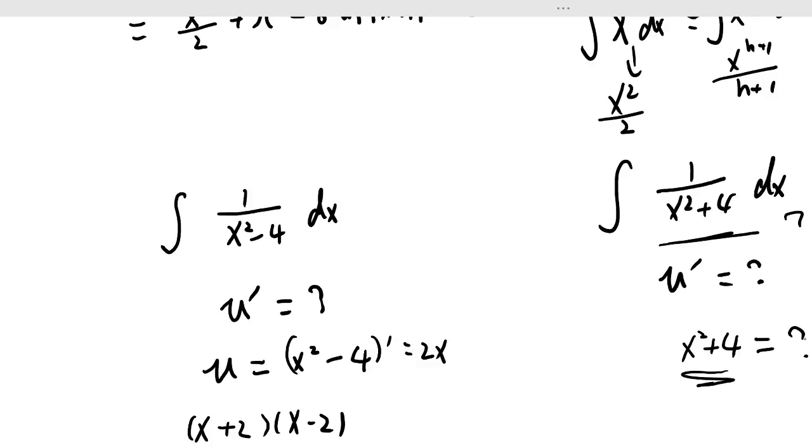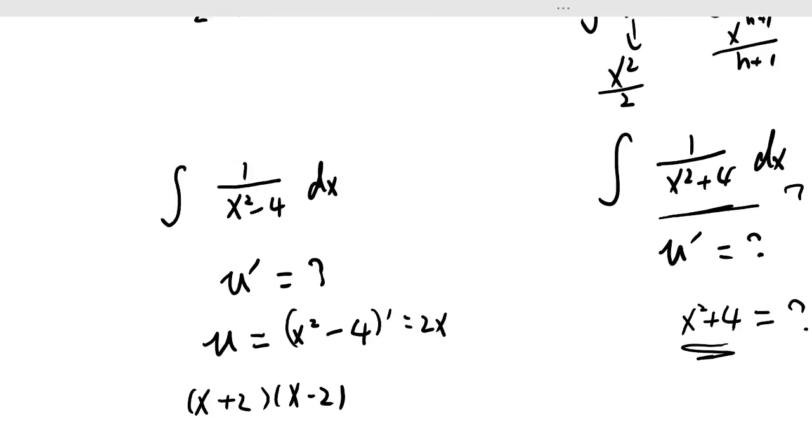That means that's not a partial fraction problem. We're going to go over a partial fraction problem first, then try to solve x squared plus 4. Right, so let's go over the partial fraction for the first one.